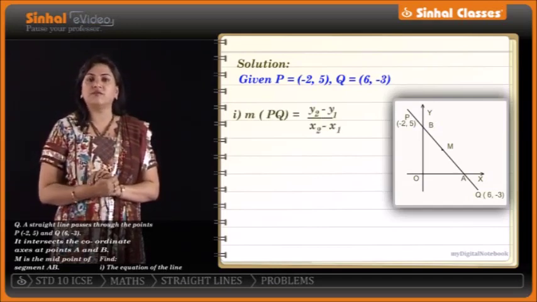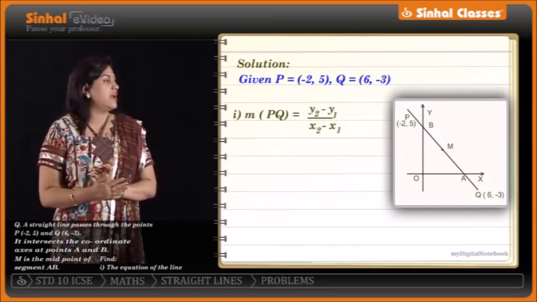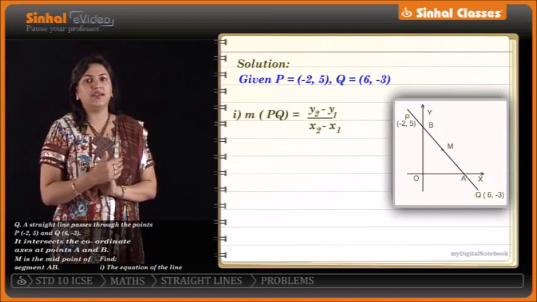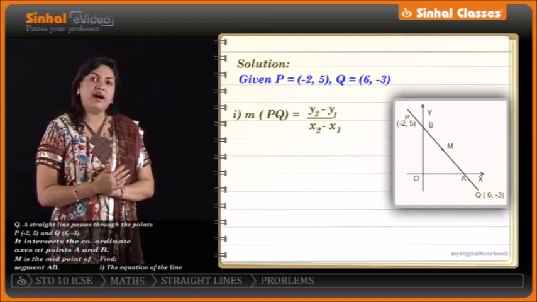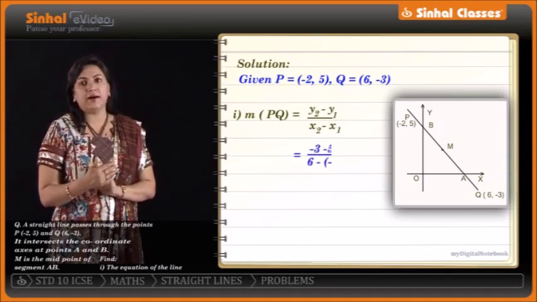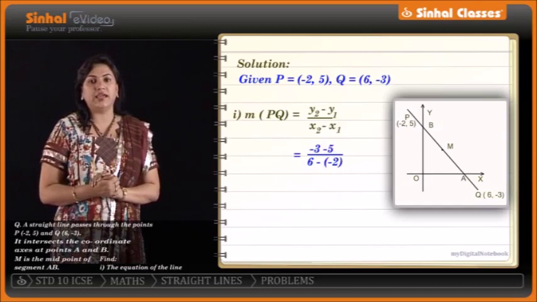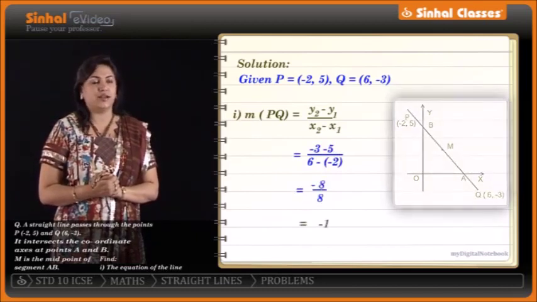Here the coordinates of P and Q are given as (-2, 5) and (6, -3). So slope is (-3 minus 5) upon (6 minus (-2)). That is -8 upon 8, which is -1.